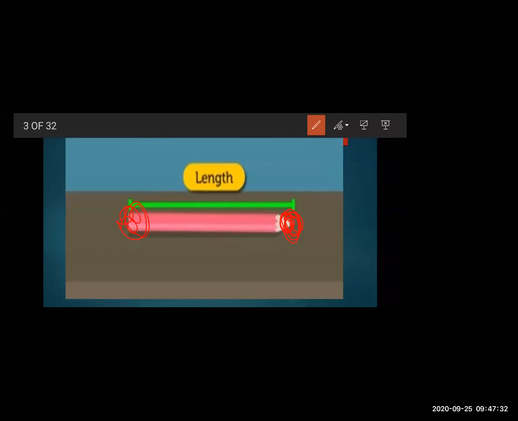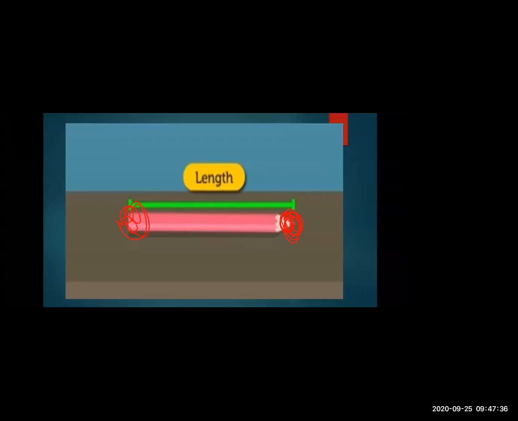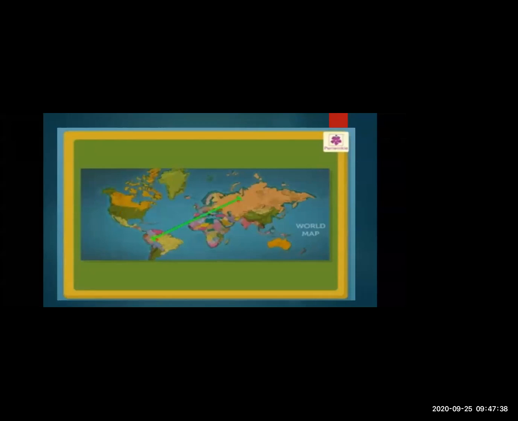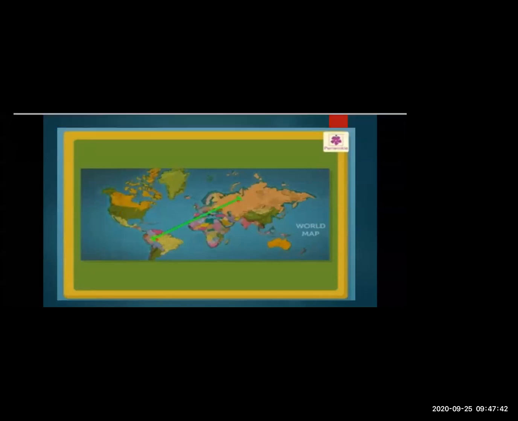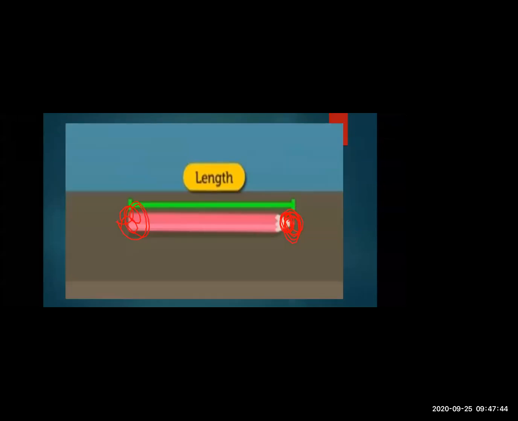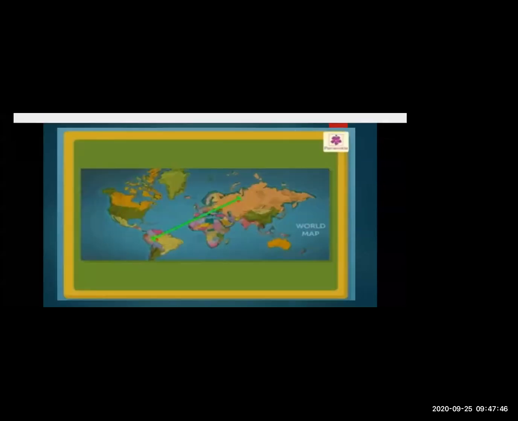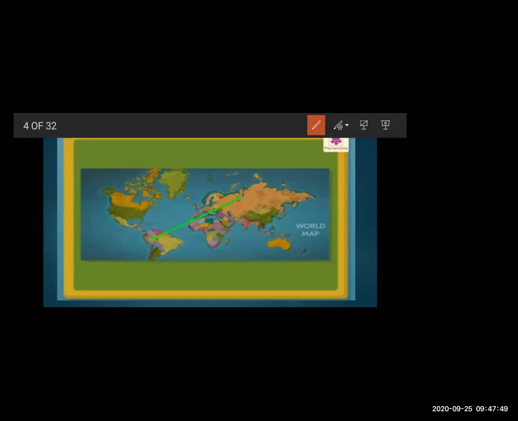For example, this is South America and this is Asia.